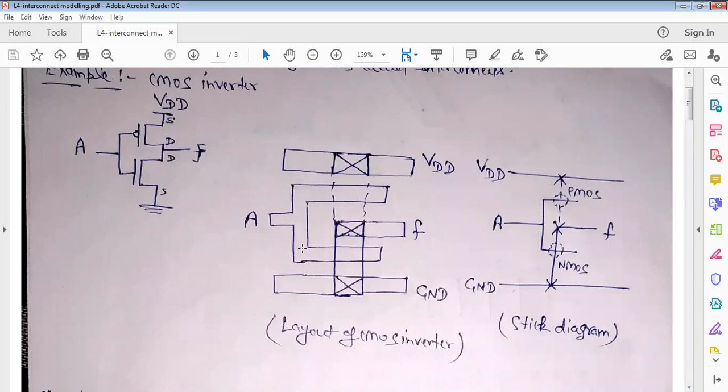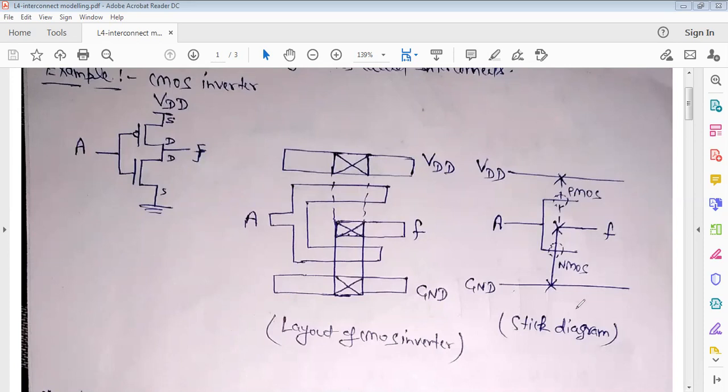Now, as we know, the widths and all dimensions of this layout follow layout design rules, so we do not need these types of structures. A very simple structure can be made with the help of the layout, by simply drawing stick-like lines, and this diagram is known as a stick diagram.